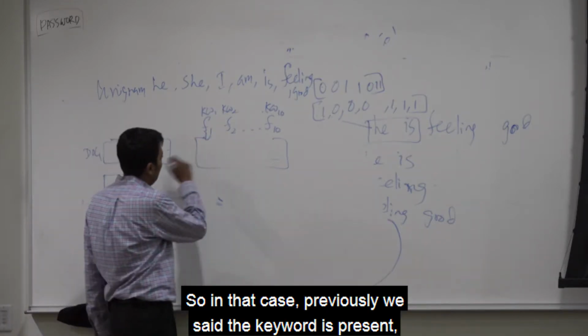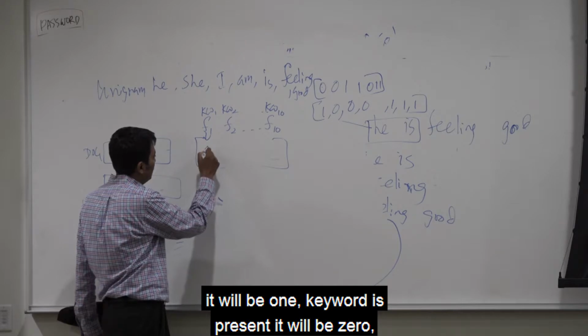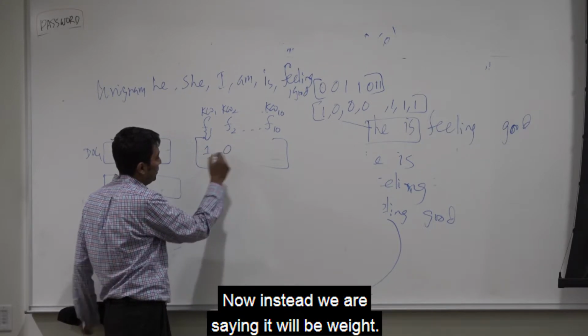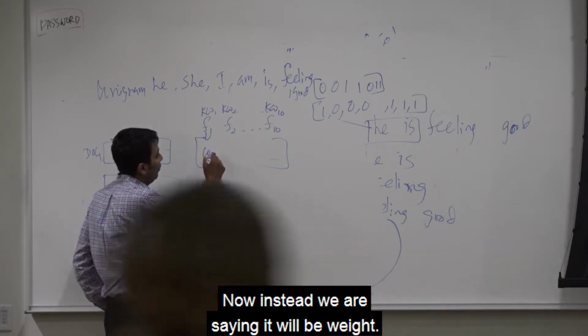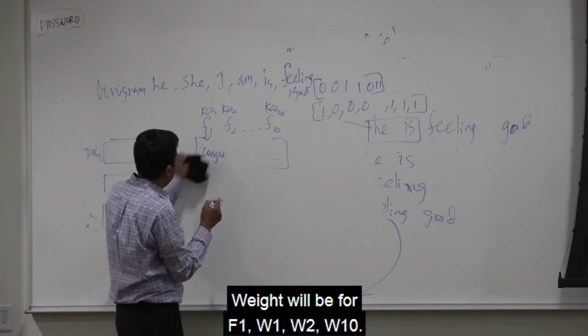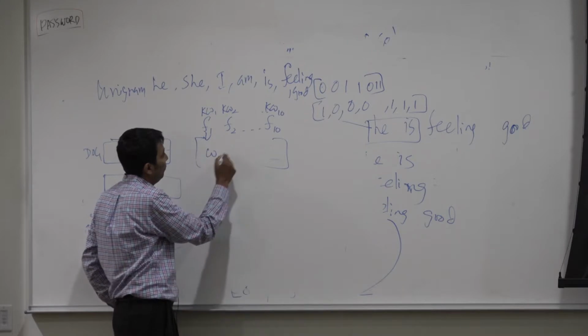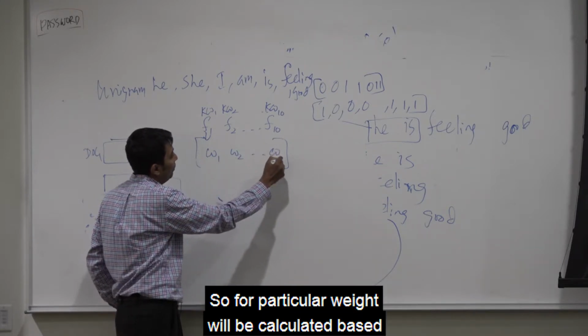Previously we said if the keyword is present it will be 1, if the keyword is absent it will be 0, something like this. Now instead we are saying it will be a weight. The weights will be W1, W2, up to W10 for F1 to F10.